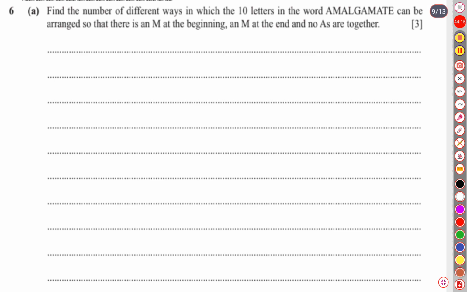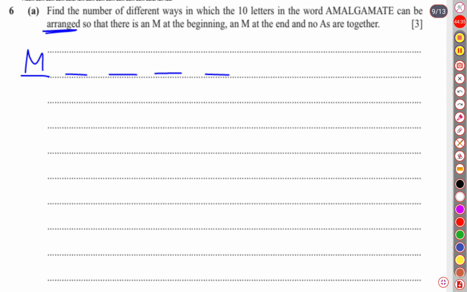We are aware that for arrangement we apply the concept of permutation. So let us write the scenario of this case. The first one should be M, then 1 2 3 4 5, and in total there are 10 letters.